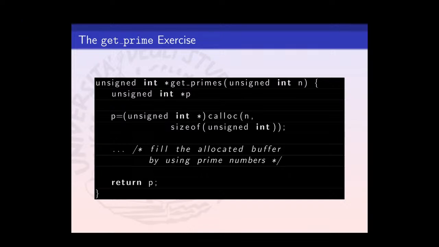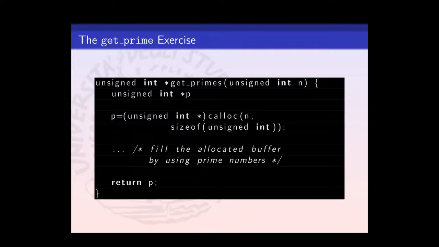This can be done by using the function sizeof. The function sizeof takes any type, the standard ones and the ones we define in our program, and evaluates the number of bytes required to represent that specific type. So by issuing the call sizeof unsigned int, I'm getting the number of bytes required to represent an unsigned integer in the compilation system, so in the system in which I'm compiling my program.